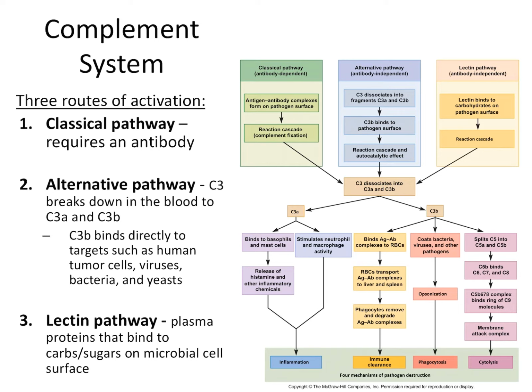And they're ultimately then going to activate this cascade where one enzyme activates another, et cetera, et cetera. So these complement proteins are usually named C, and then they're going to have a number after them. So you're going to see here that our main one is going to be C3.